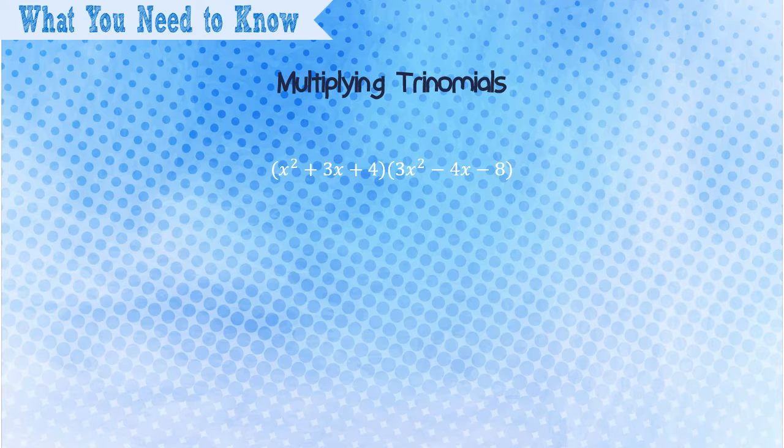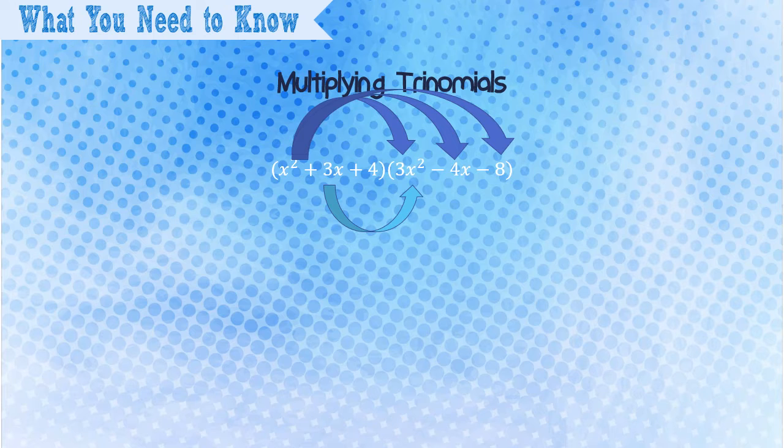So I'm going to take my first term, that x squared, and I'm going to multiply it by the first term of my second trinomial, and then I'm going to multiply it by the second term and the third term. Once you finish multiplying the first term of the first trinomial by all of the terms in the second trinomial, you're going to move on to the second term in the first trinomial.